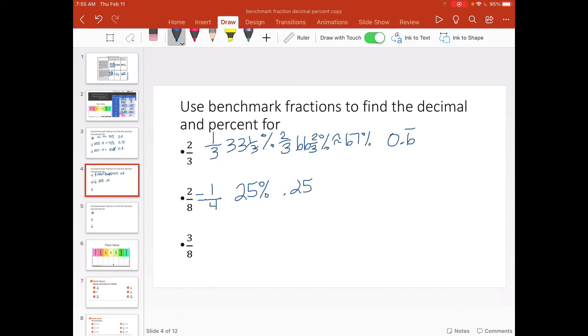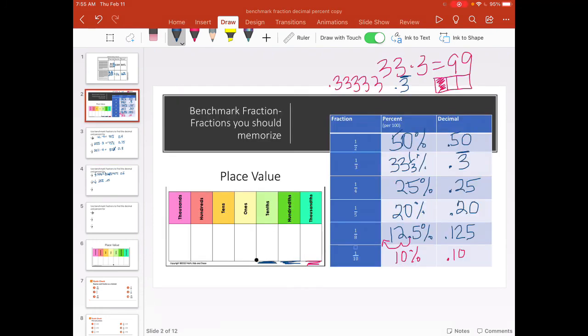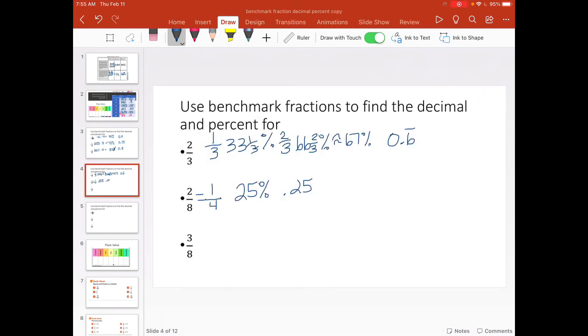Well, 3/8. We can't simplify that one. So 3/8. Let's go back to our 1/8, which was 12.5% or 125 thousandths. That means that we're going to take that 25% that we just had for 2/8, and we are going to add that 12.5% onto it.